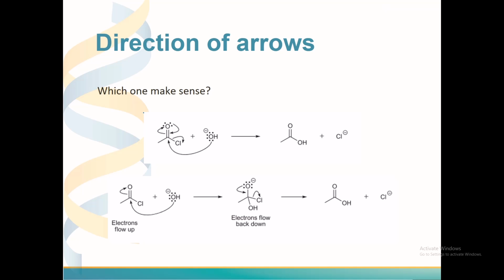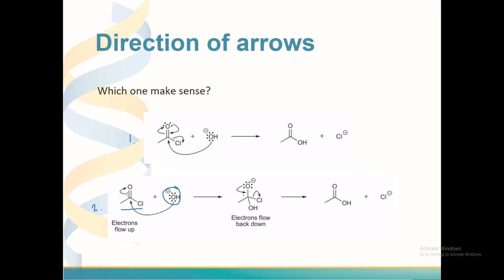Now, directions of arrow. Which one makes sense? If you would like some practice, feel free to pause and then continue for the answer. Okay, so we have reaction number 1 and reaction number 2. Let's see reaction number 2 first. The reaction is between this molecule and the hydroxide ion, where the lone pair of electrons on the oxygen of the hydroxide ion goes to this carbon, and the pair of electrons in this double bond moves towards the oxygen.